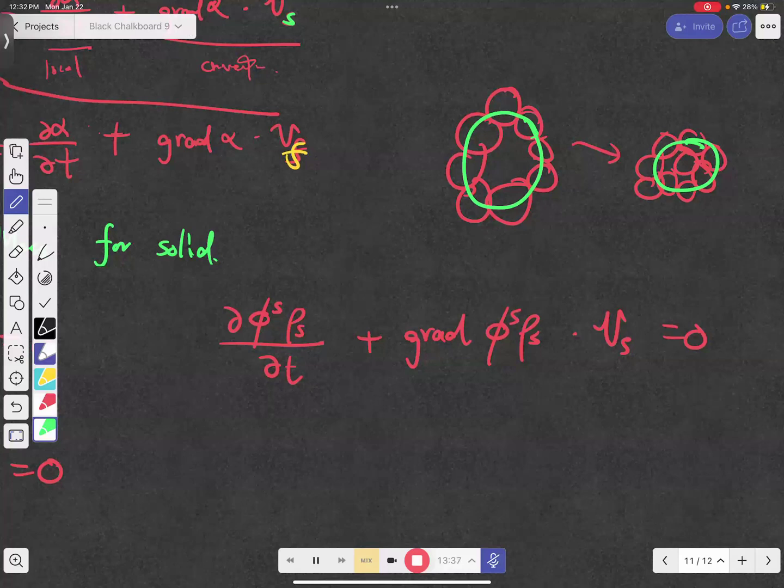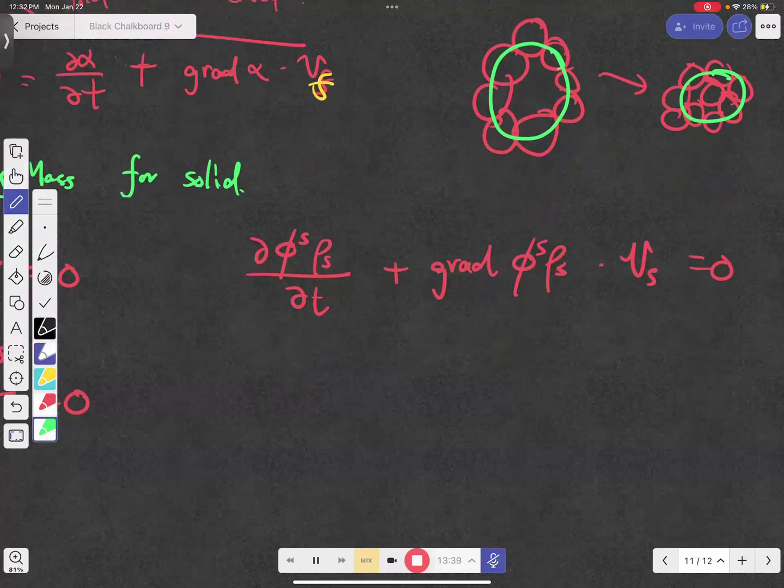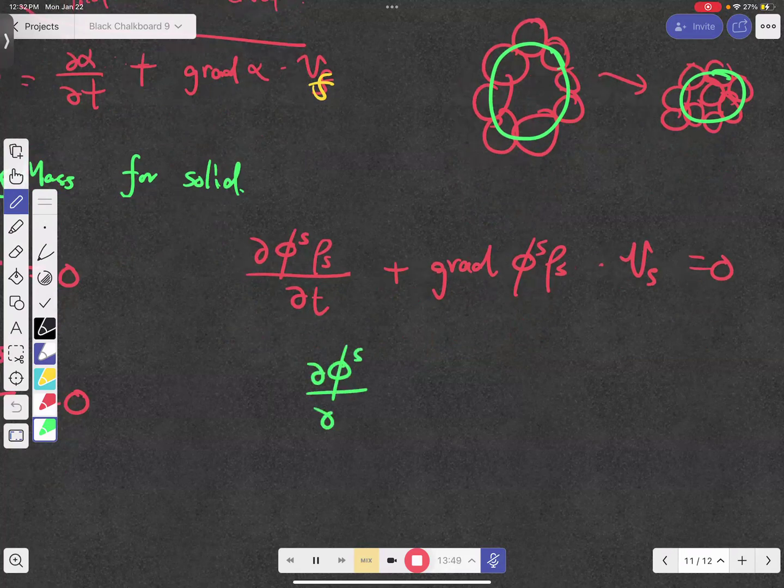So I'm going to take rho s out because rho s is not going to change, and assuming that this is homogeneous, what I'm left with is just these equations. Does that make sense?